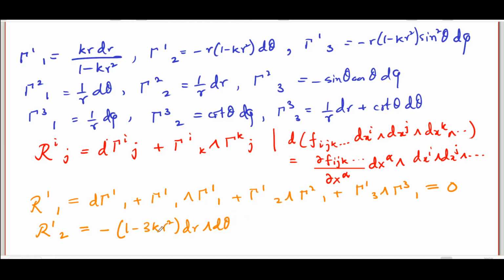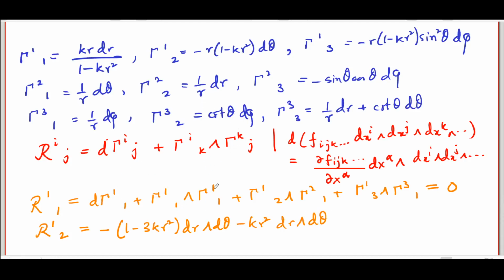That's d gamma^1_2. Well, the rest are going to be very similar to this, except that this index here is going to be replaced by 2. So we have gamma^1_1 wedge gamma^1_2. Let's take a look at that. This with this. Not a 0 because you have dr wedge d theta. And you cancel out the 1 minus kr squared here. You have minus kr squared dr wedge d theta.